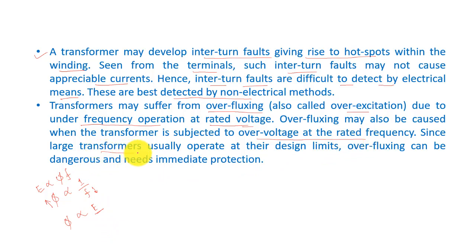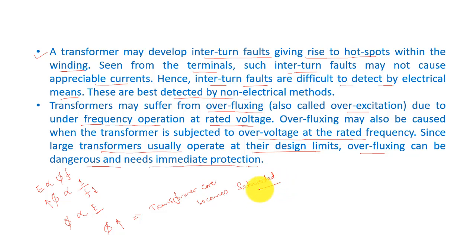Since large transformers usually operate at their design limits, overfluxing can be dangerous and needs immediate protection. As soon as the overfluxing phenomenon happens, your transformer core gets saturated, leading to abnormal operation.